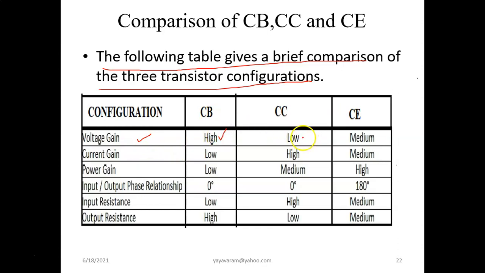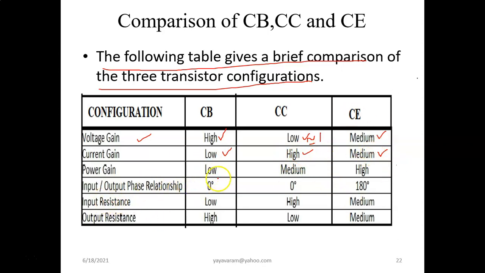For common collector, it is low, nearly equal to unity, that is nearly 1, like 0.98 or 0.96. Common emitter has a medium gain, maybe 10, 20, 30 to 50, something like that. Current gain is low for common base, very high for common collector as you have seen, and medium for common emitter.